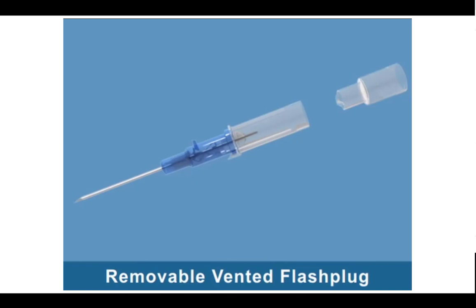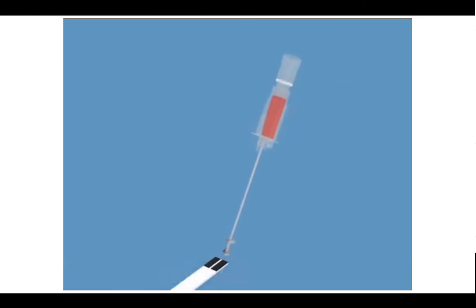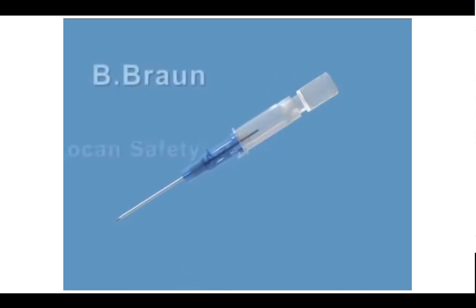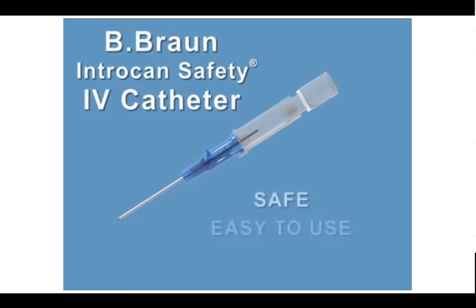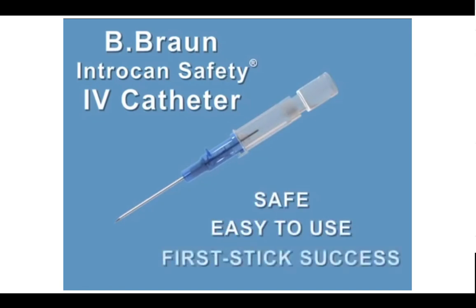The flash plug can be replaced with a syringe or blood collection access device prior to insertion, or loosened to speed blood return during catheter insertion. After needle removal, this feature allows the clinician to obtain a droplet of blood for procedures such as monitoring glucose or hemoglobin levels. The B. Braun Intracan Safety IV catheter. Safe and easy to use, resulting in first stick success.